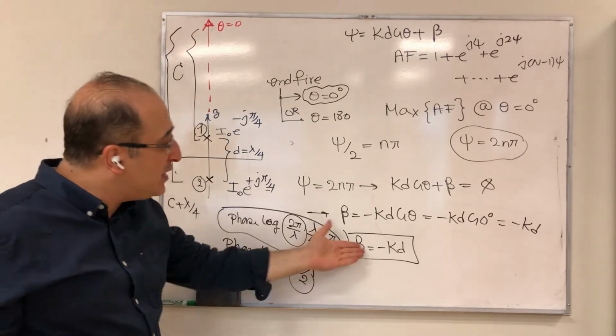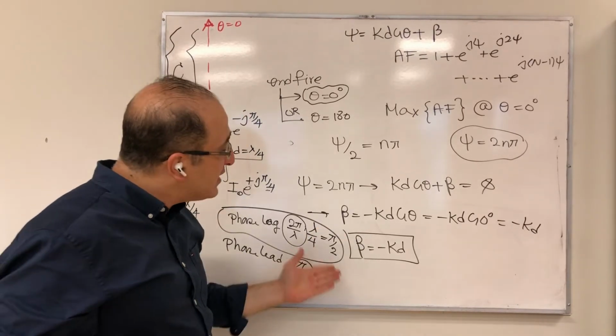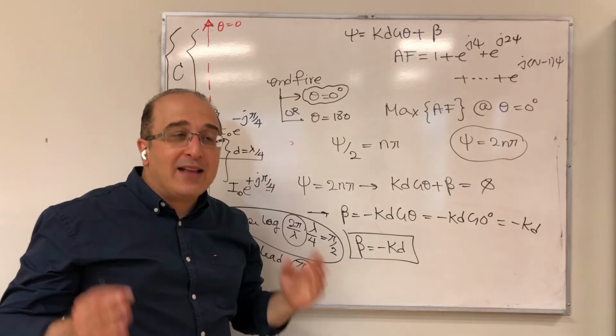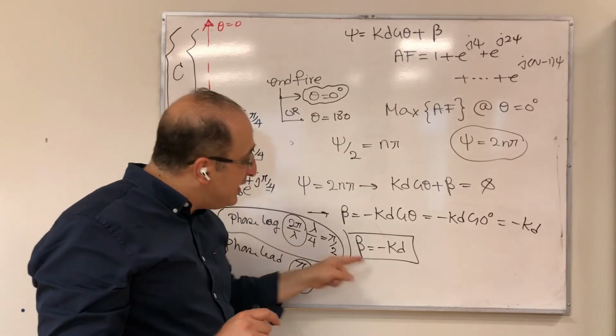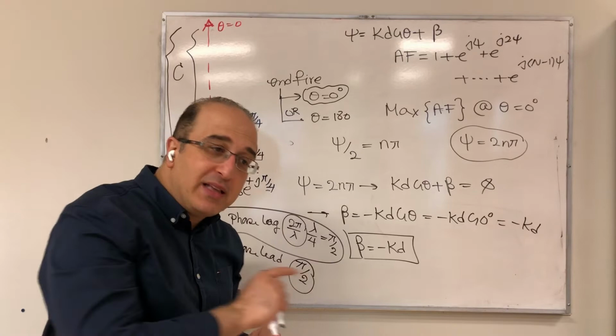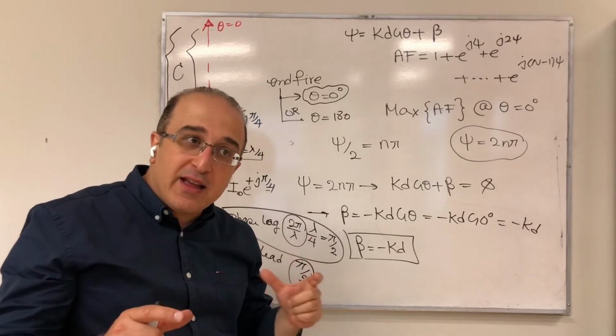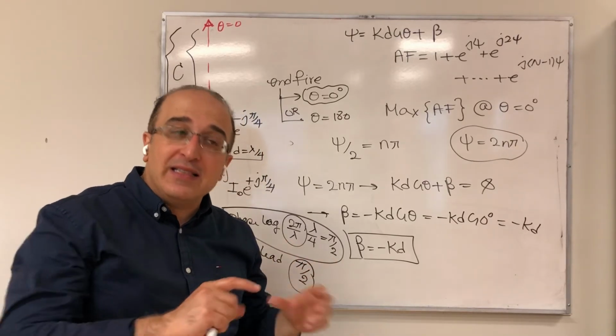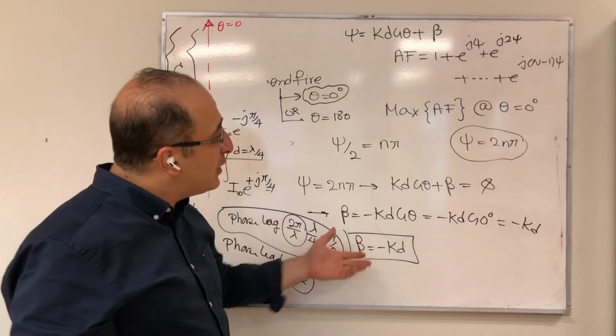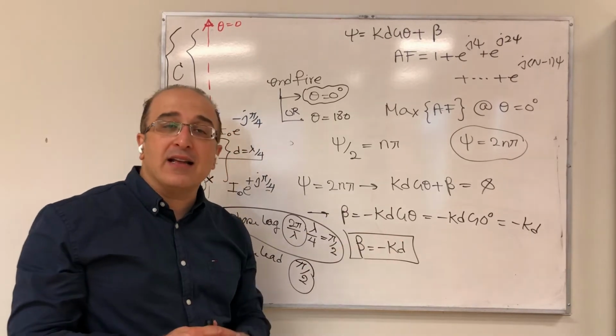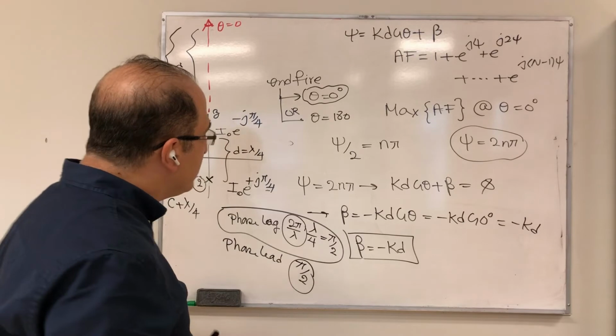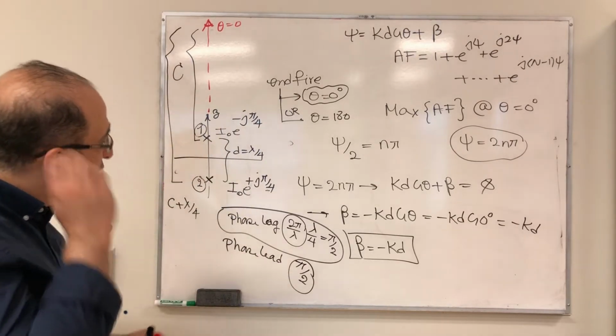And that's the beauty of this antenna array. So when I say beta is something, that essentially means beta needs to be equal to that to compensate for the phase lag or phase lead due to extra distance, so that I get a maximum, in this case at theta equal 0. So this is the situation that I have.